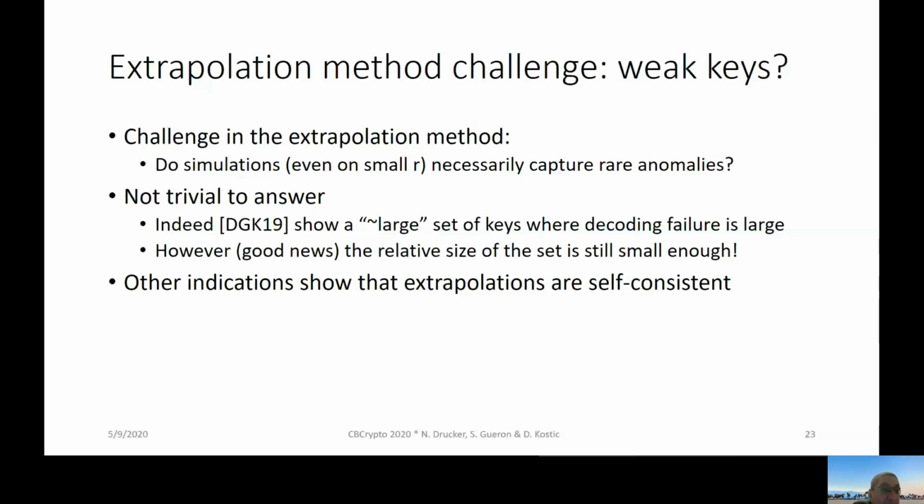At the very least, do them very, very intensively, because it is not clear that every anomaly is captured through these simulations, even if they are done on a small block size. But I should say that there are other indications that the extrapolations are self-consistent. So if you believe some kind of methodology, at least it is self-consistent.